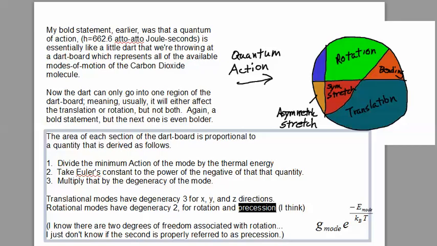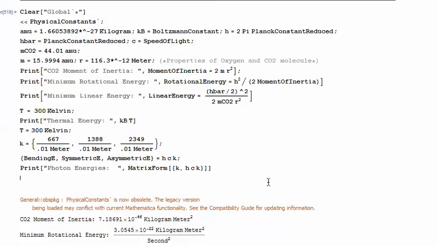So here is my code for calculating the rotational energy, the linear energy, the bending energy, symmetric energy, and asymmetric energy for the carbon dioxide molecule with oxygen atoms on the sides. These are also bold statements because I put together the derivation completely on my own.